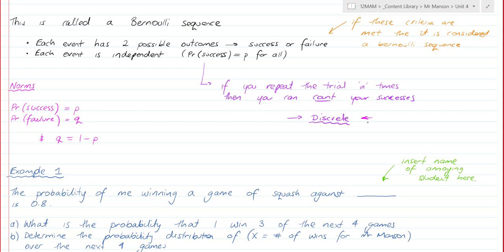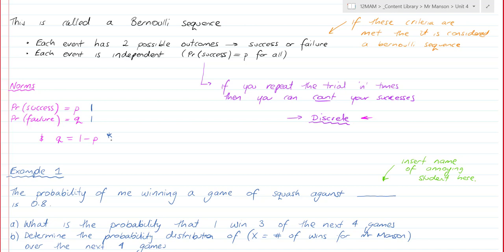So our norms are that you'll find that the textbook, that your exam will all use P as the probability of success, and Q as the probability of failure, and of course success plus the probability of failure will be 1, otherwise we're missing something, so we get this relationship. So in most questions, either contextually or just purely mathematically, you'll be told the probability of success, and then you will have to go and just work out the probability of failure by subtracting from 1. You won't be told both in most cases.